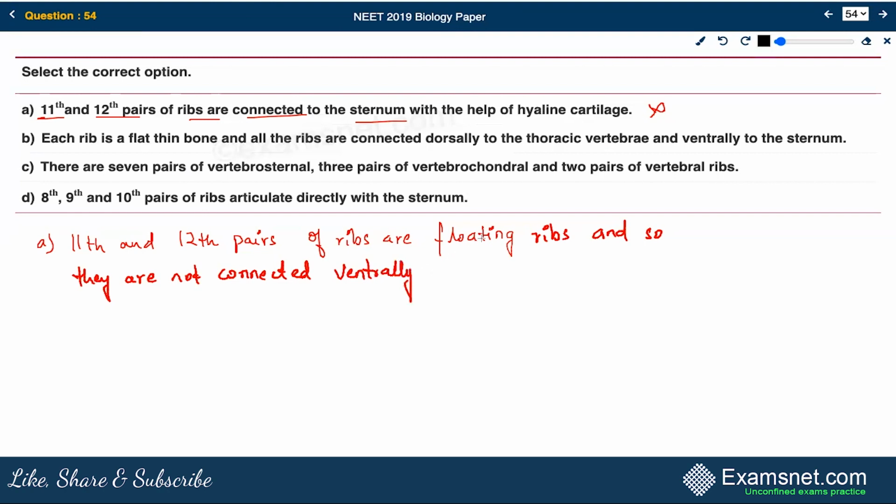That's why they are not connected ventrally or to the sternum, you can say. So this is definitely an incorrect statement.